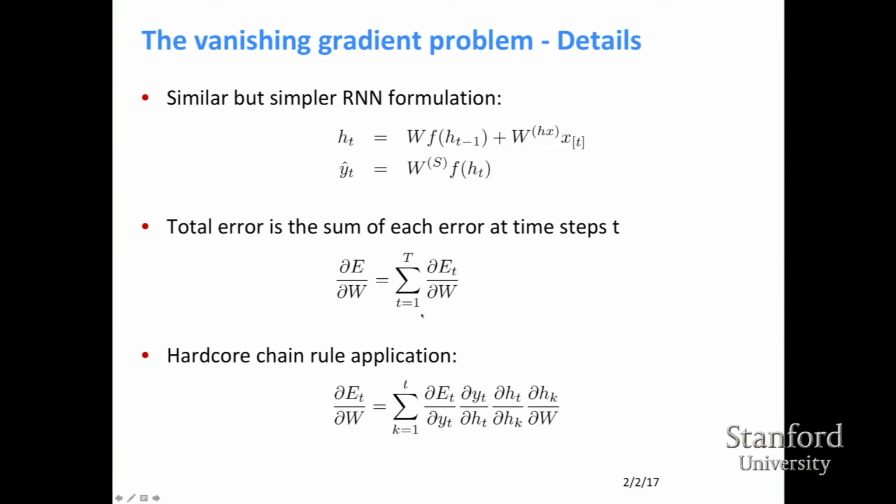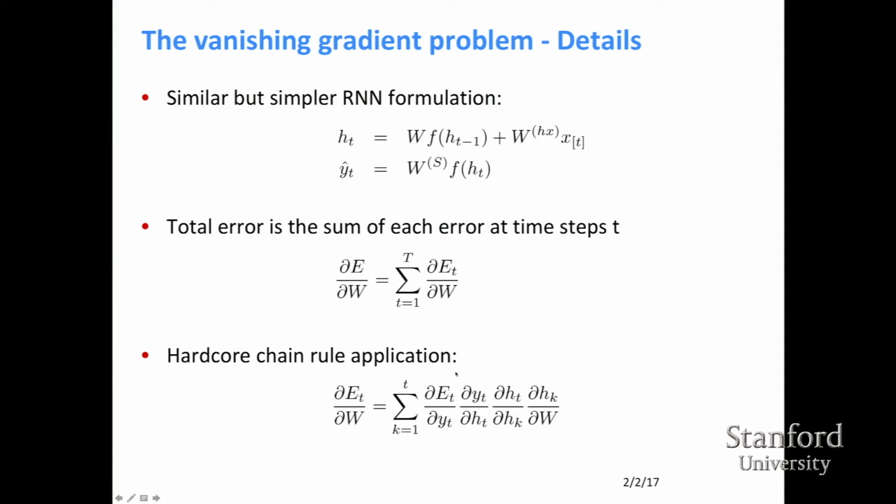And now we're going to look at the element at the tth time step of that sum. So let's just look at a single error at a single time step. And now even computing that will require a very large chain rule application, because this error at time step t will depend on all the previous time steps too.